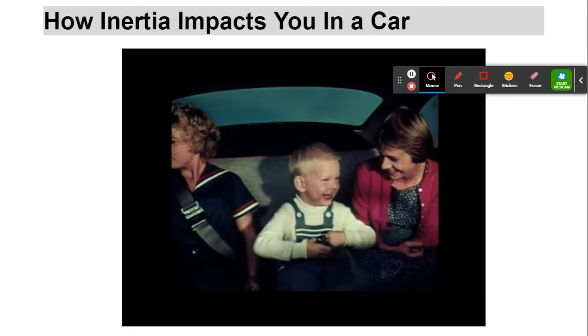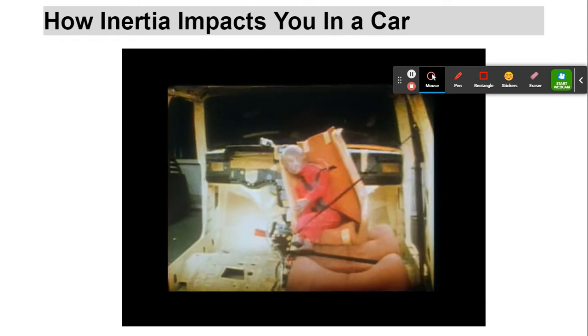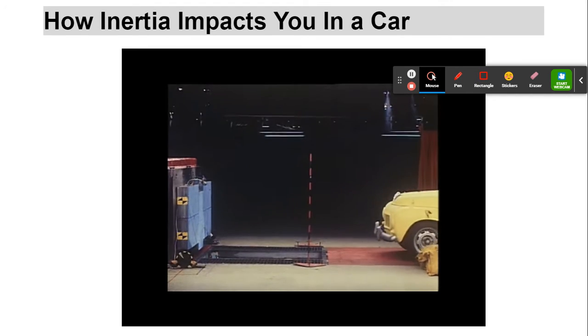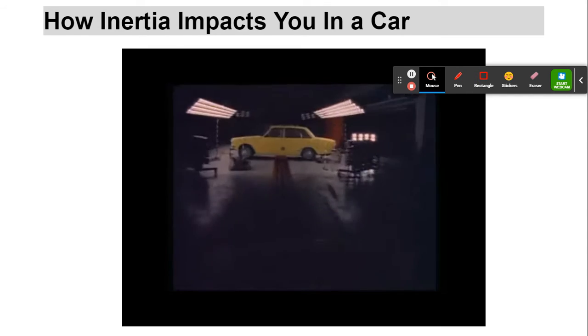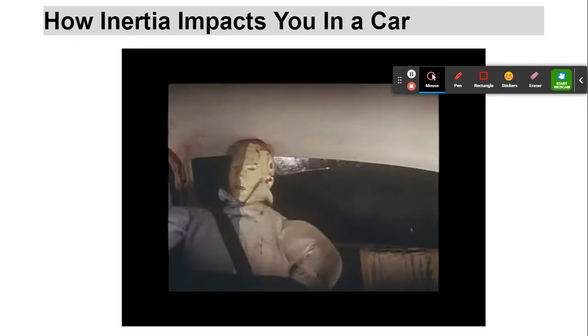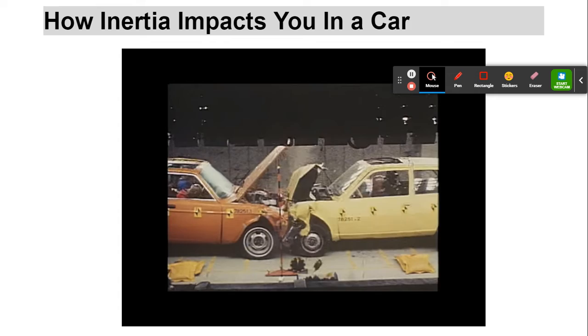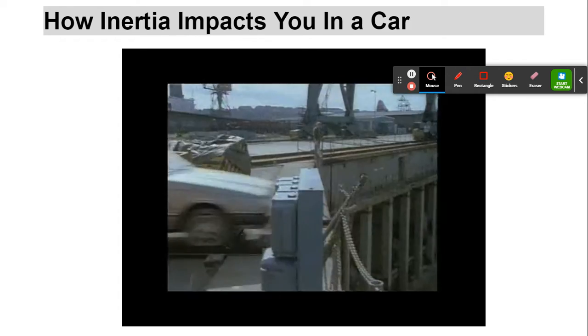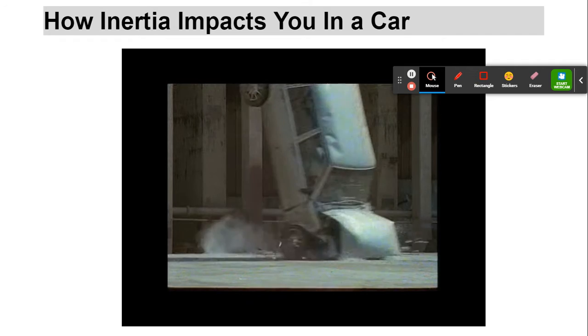First used in the 1950s, seatbelts provide an external force that counteracts the passenger's inertia, bringing them to a halt in a more controlled way. But they're just one of the ways car designers reduce the forces on the occupants in the event of a crash. And every car designer also needs to understand the principle behind Newton's second law of motion.